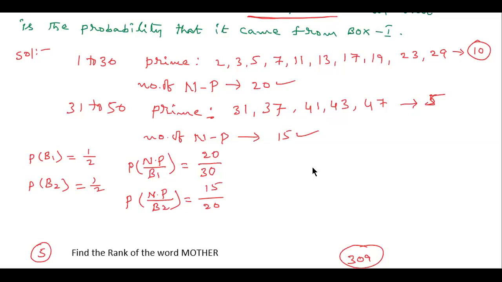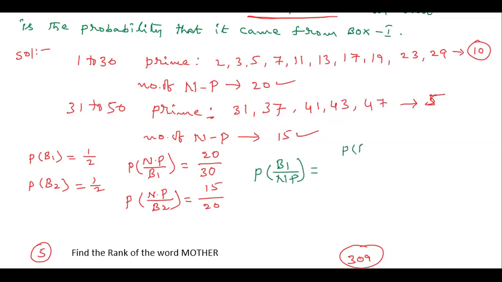Now see the question. The probability that it came from box 1, so probability of box 1 given non-prime. What is the Bayes theorem formula?